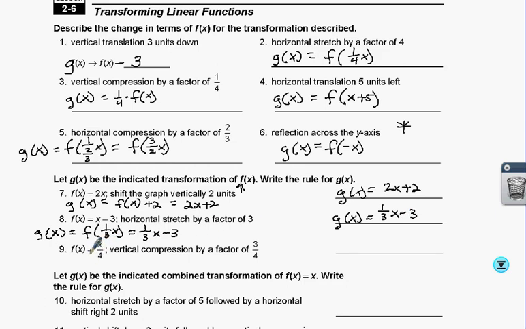Here I have a function, vertical compression by a factor of 3/4. So my new function is simply taking the old function and multiplying that by 3/4. Alright, so I got 3/4 times x over 4, which is equal to 3x over 16.